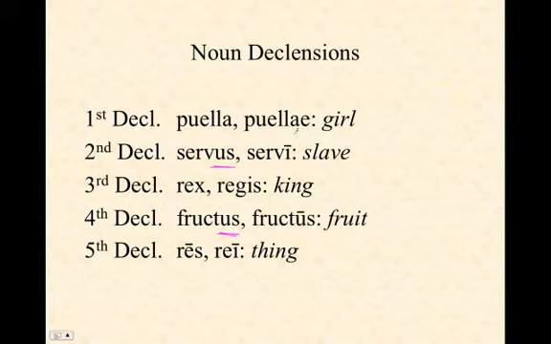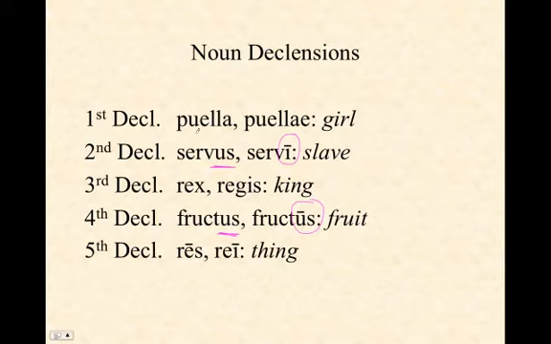If you look up a word and it ends US in the nominative singular, but has a long I in the genitive, then you've got a second declension. If you look it up and it ends US in the nominative, but has a long US in the genitive singular, now you have a 4th declension.